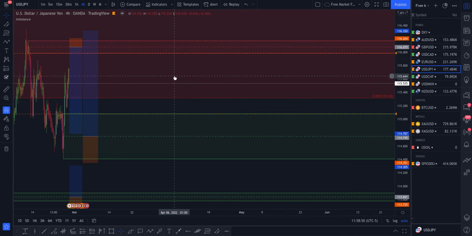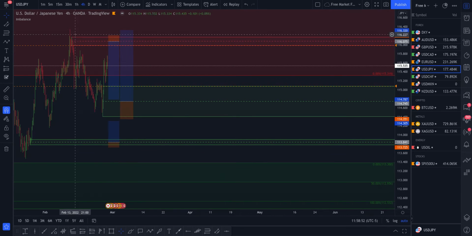Now, unless this low here takes out this high, we actually get a candle to close above, then yes, I'll be looking to take this long, and again, of course, take a look at price action to see what it is that we have there.